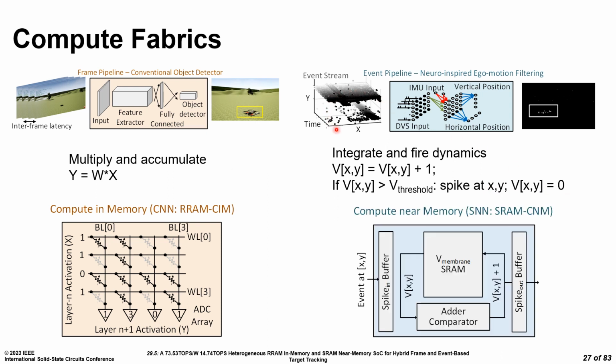A medium-sized event camera generates more than 10 million outputs per second, and this causes a large number of memory accesses to support that operation in real time. To support that high bandwidth memory, we have compute near memory where we have small banks of SRAM distributed throughout the compute and small compute to carry out the integrate and fire dynamics near it. So compute in memory suits CNN operation, whereas compute near memory suits spiking neural nets.